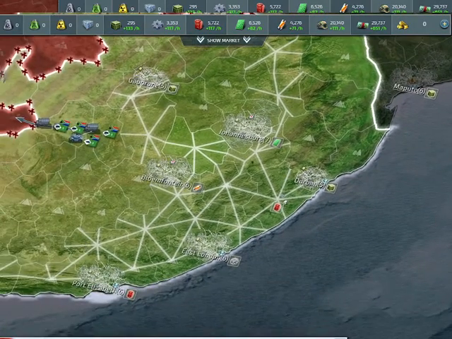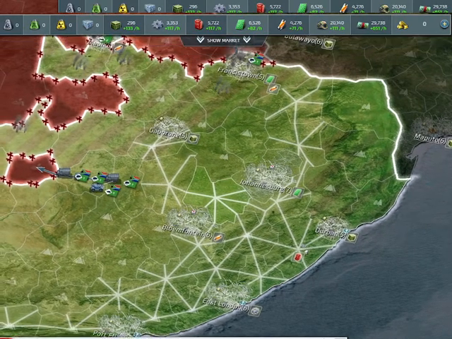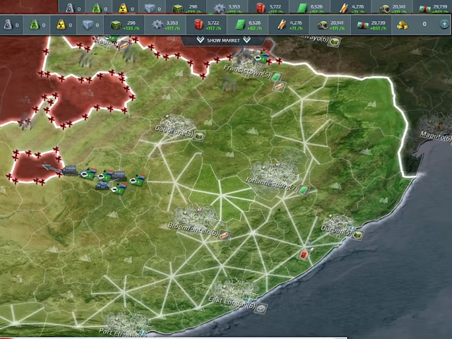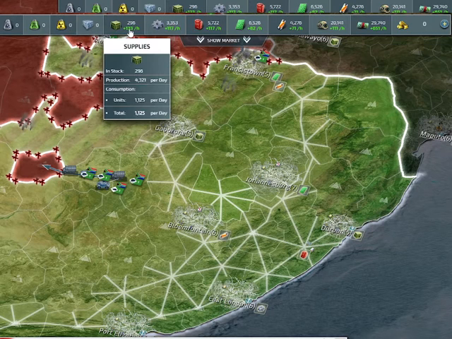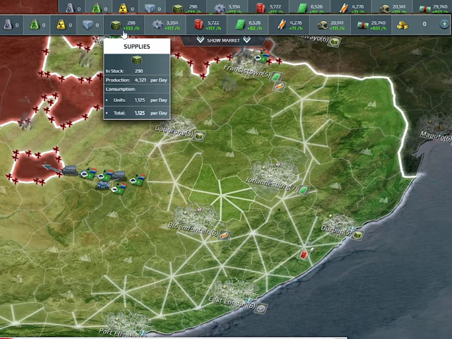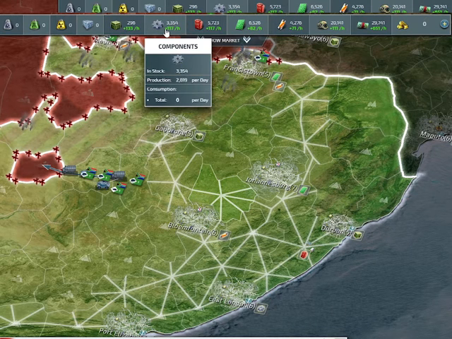So what happened in my game, if anyone watched the previous video and saw my place didn't look like this, was I was fighting in the Falklands. I sent my army down there to conquer that territory for the supplies, because it was one thing I was running very short on, because supplies are used for almost everything except aircraft manufacture. You use components there.